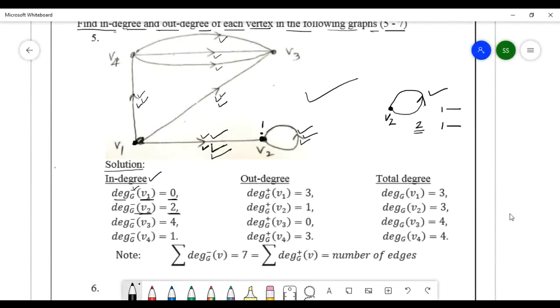So here, directed mode. 1 degree for in, one for this in, and one for this in. This one is coming to V2, and one in degree for this loop. 1 and 1 come to 2 here. So in degree of vertex V2 is 2. Is it clear or not? Is it clear?